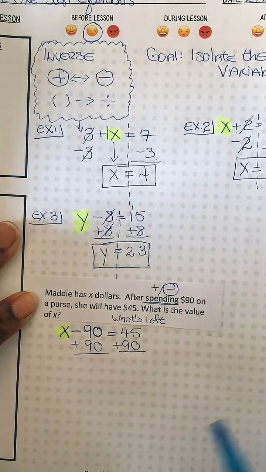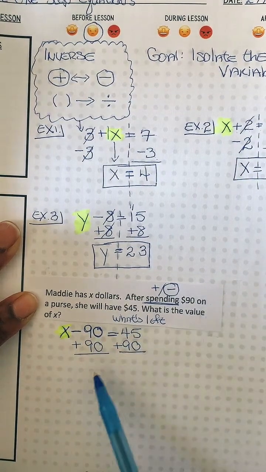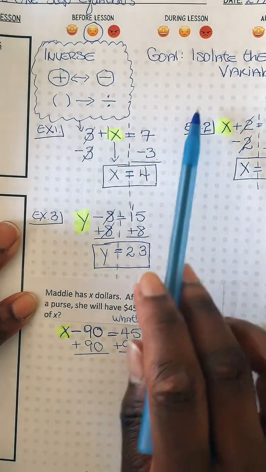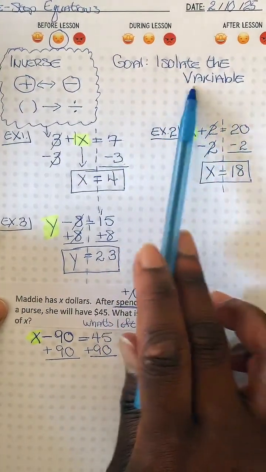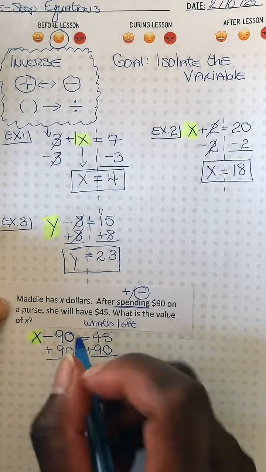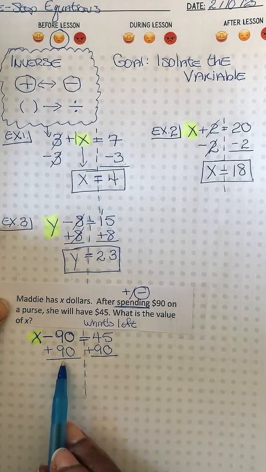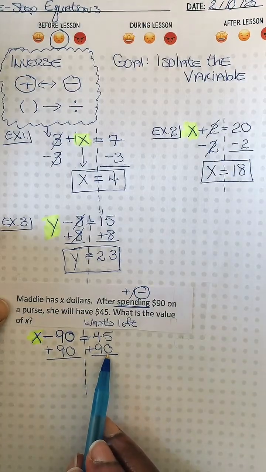The inverse or the opposite of minus is plus. The reason why we want to do this is our goal: we want to isolate the variable. We want to get our X by itself on one side of the equal sign. And whatever you do on one side of the equal sign, you must do on the other.